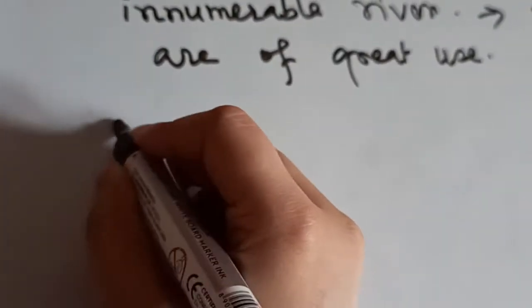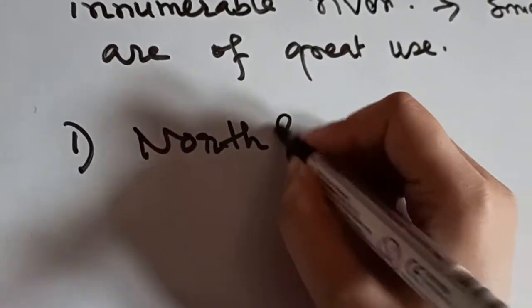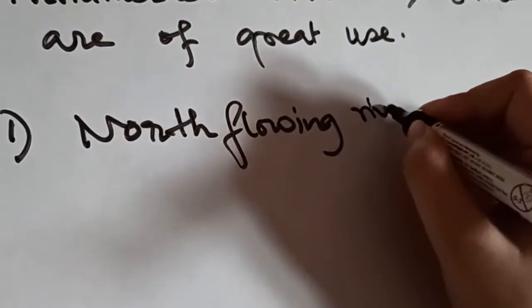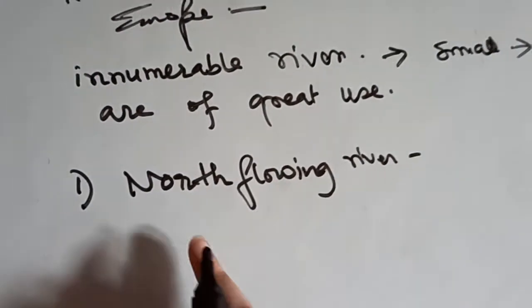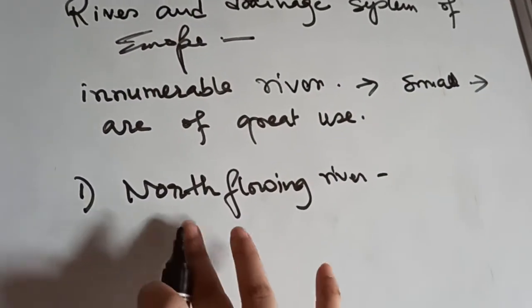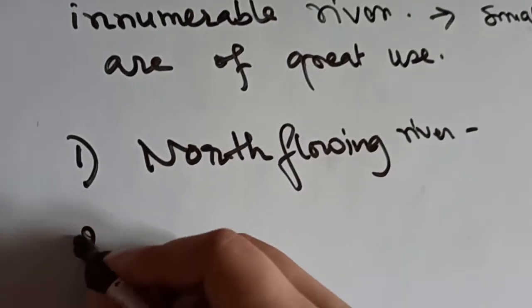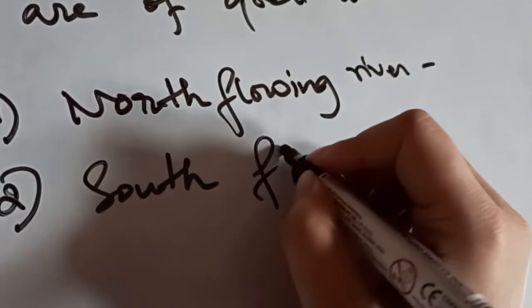Number one is the north flowing river, meaning those rivers which have their drainage in the north. Next is the south flowing river.